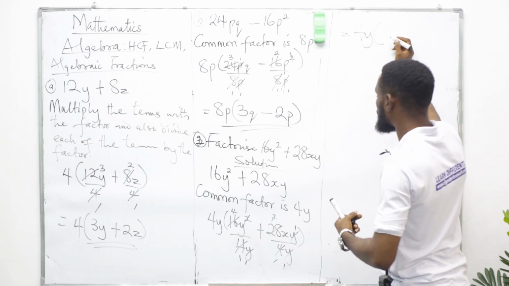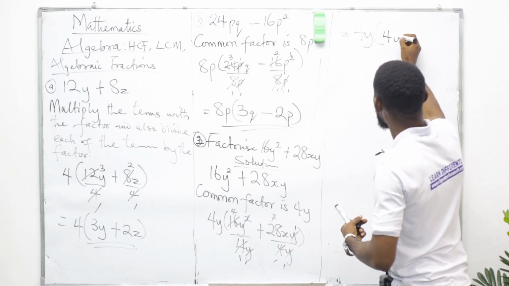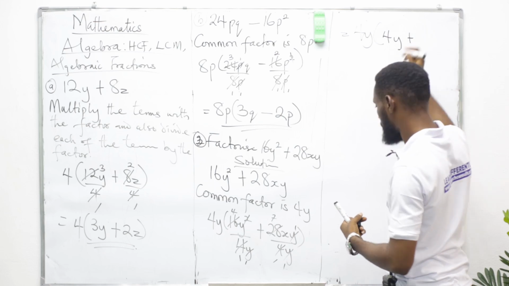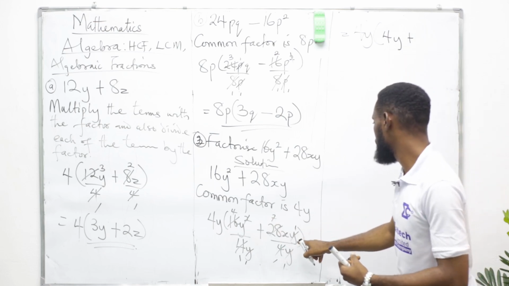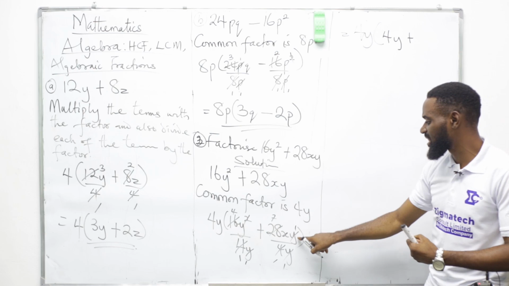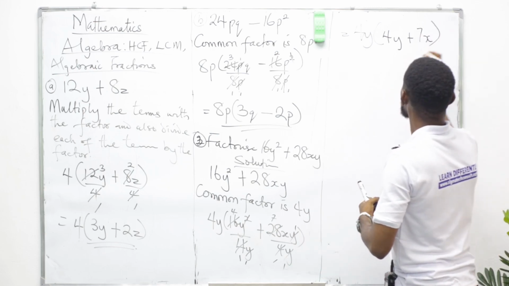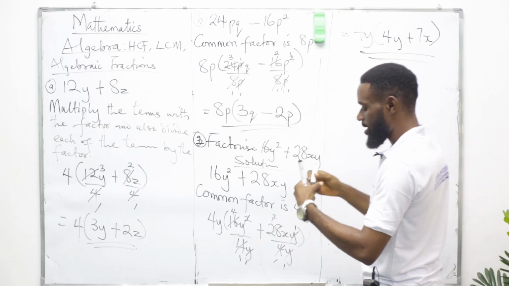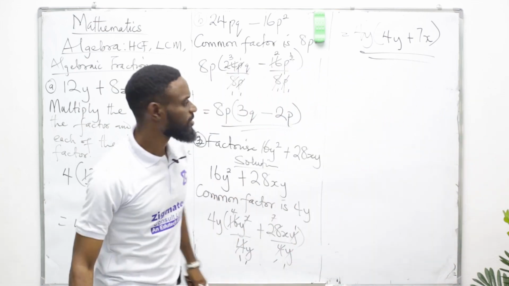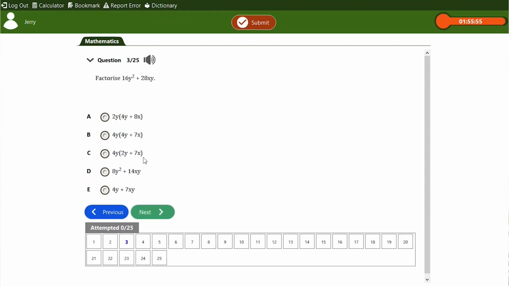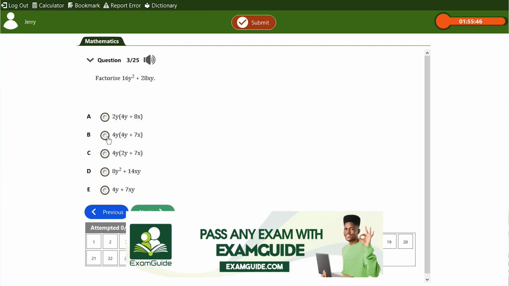So this is now 4y plus, here we have 7 and x, because the y was taken off by this y here. So this is 7x being our answer. And I think the option there is 4y, that is option B. Option B is correct from this particular expression we took.